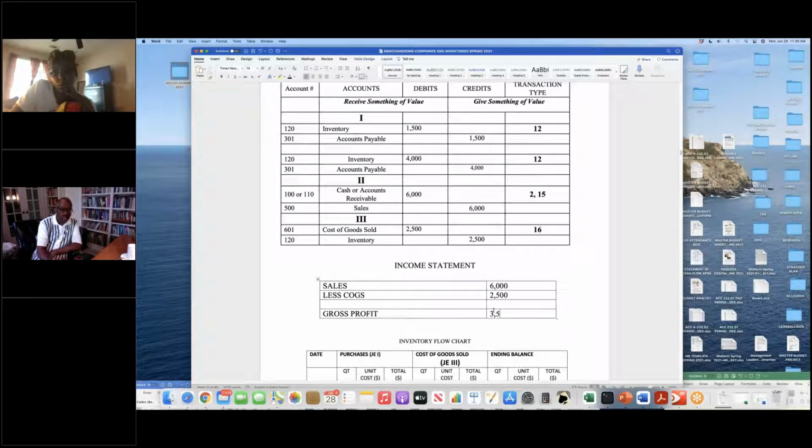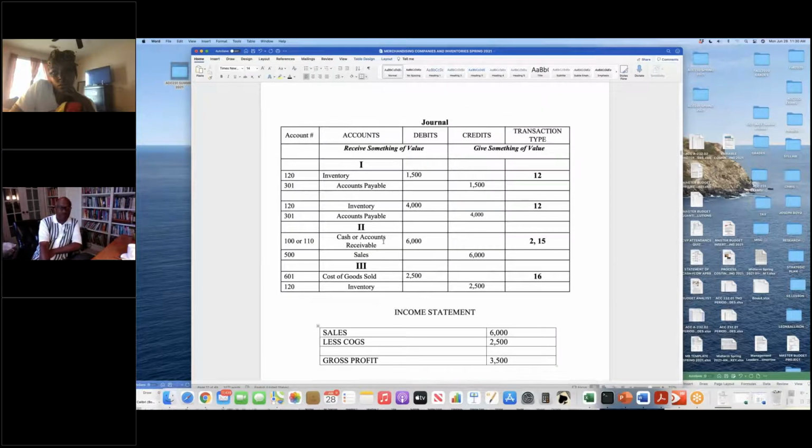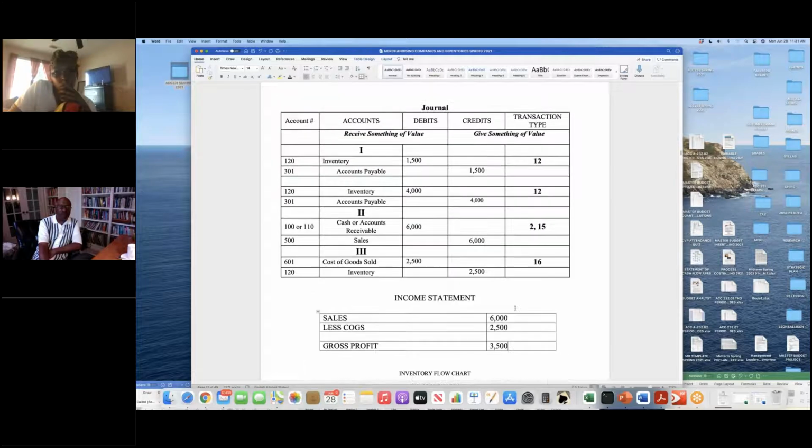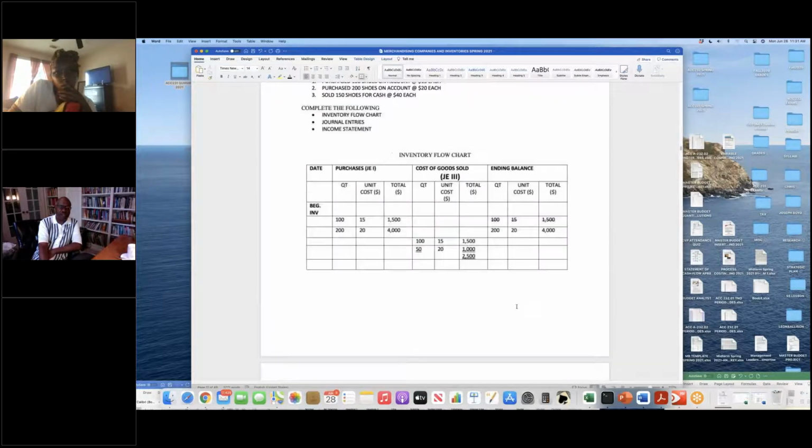So we're always trying to see what the gross profit is. We're making some combination of journal entries 1, 2, and 3, then calculating our gross profit to see if we made money on the sale.